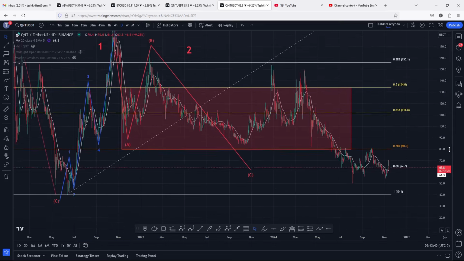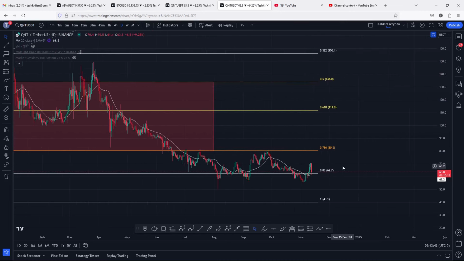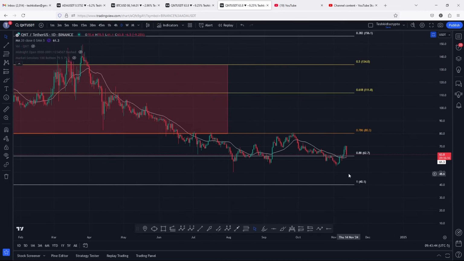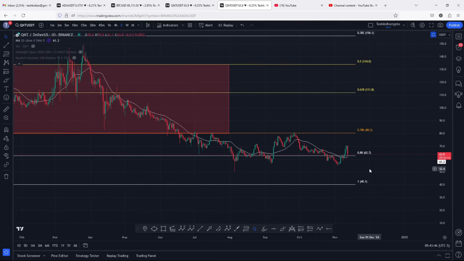And at the moment you can all see that we are slightly holding above the last line of support on the Fibonacci, which is the fib level 0.88, and that lies above the $62.7.